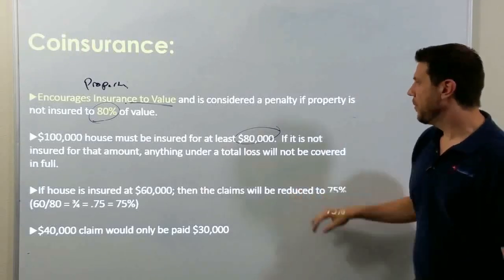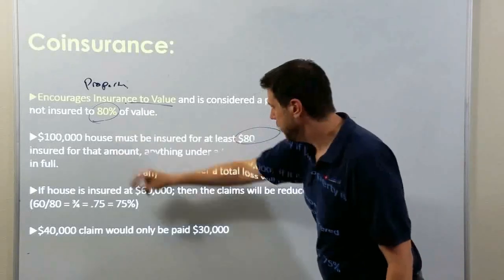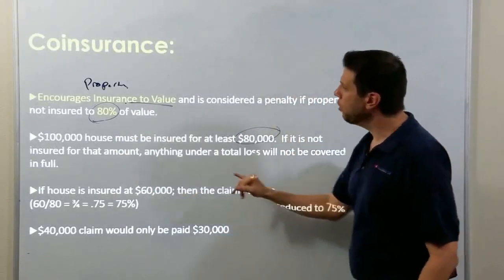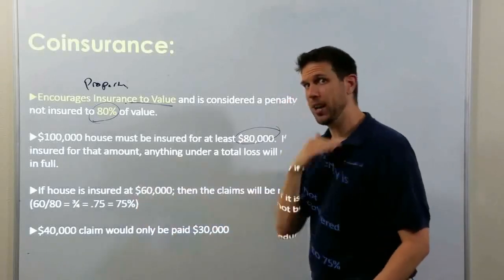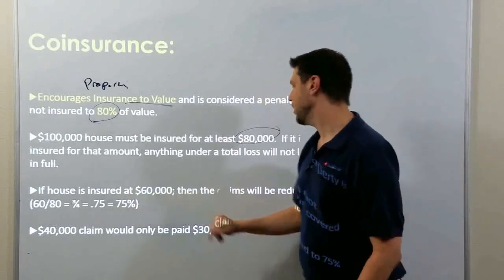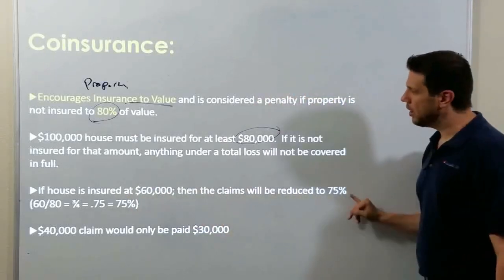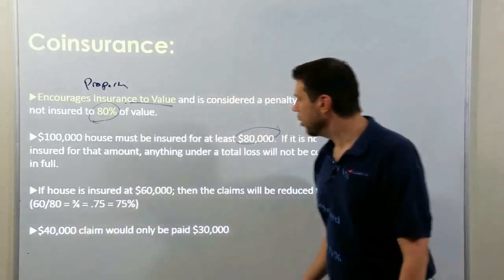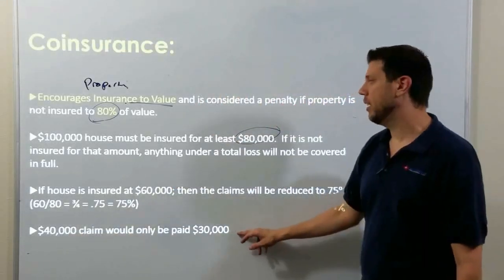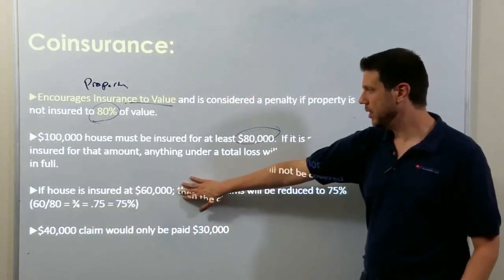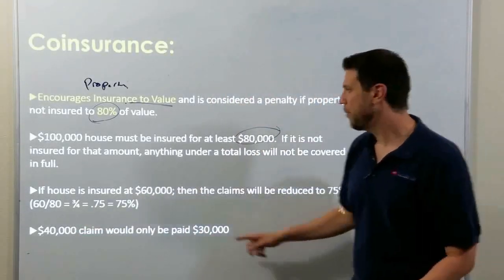So for example, if the house was worth 100, but you had 80% coinsurance, and you only insured it for 60, remember, you're not supposed to be able to, but let's say you did. You only insured it for 60, and you have a claim of $40,000. You're only going to get $30,000 of that claim paid, because you use an equation.